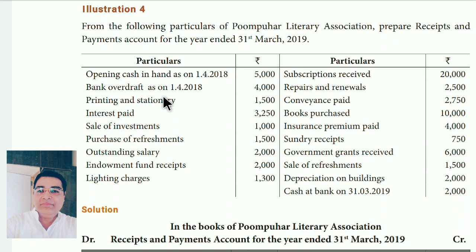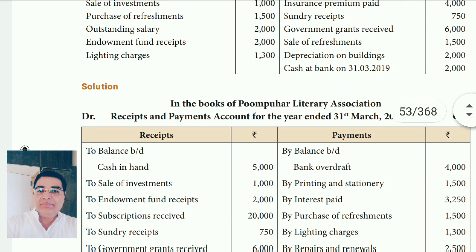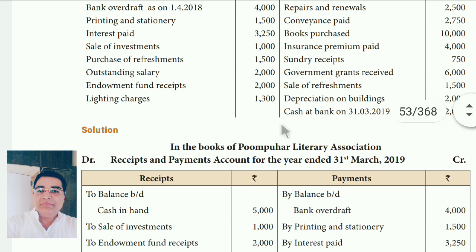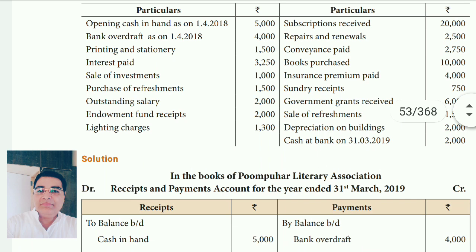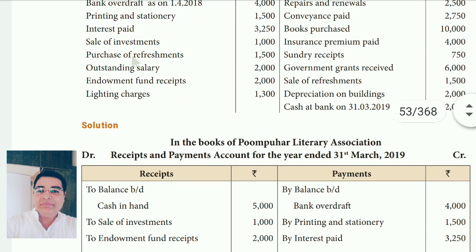So bank overdraft as on 1/4/2018. Already we studied the format in the previous video. Bank overdraft as on 1/4/2018 means opening bank overdraft. Opening bank overdraft is always written in the credit side. See here, by balance brought down, bank overdraft rupees 4,000. Next, printing and stationery is an expense.